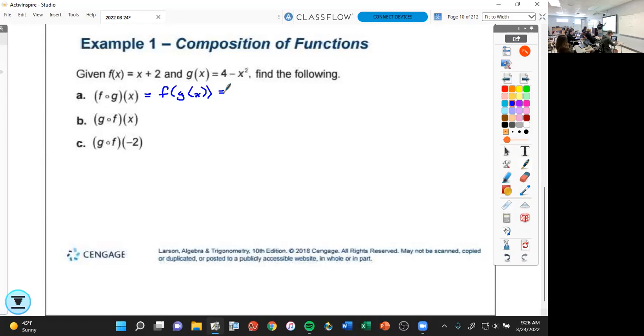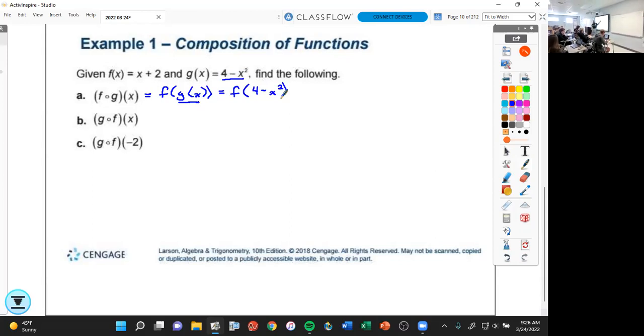4 minus x squared. So in place of g of x, I'm going to write what g of x is. So I have f of 4 minus x squared. What does that mean? I took f of x and changed f of x to this.